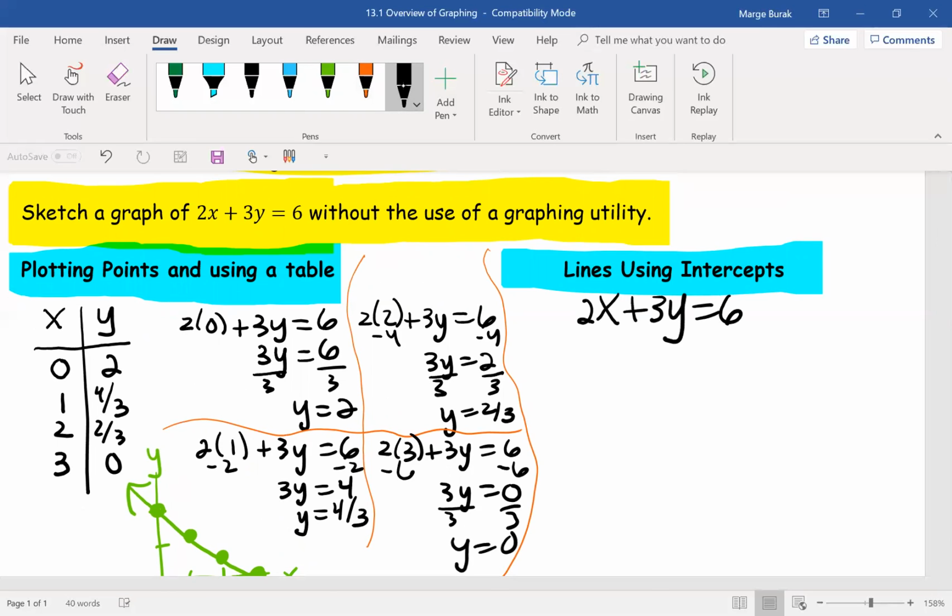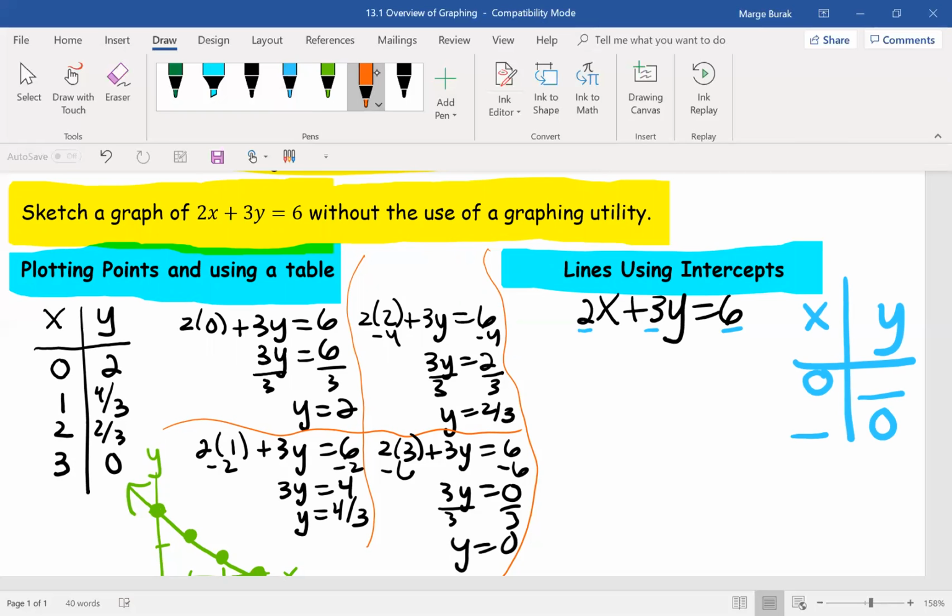And this is actually a very good method for this particular problem because 2 and 3 both divide into 6. And that's the only time I would use this, because you'll get whole numbers. But all right, so what we do is we do the same thing, only we just get 2 points. We say when x is 0, what's y? And when y is 0, what's x? And those are my 2 intercepts.